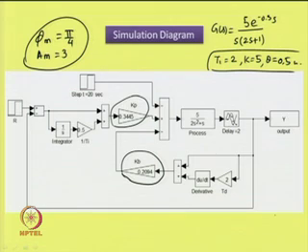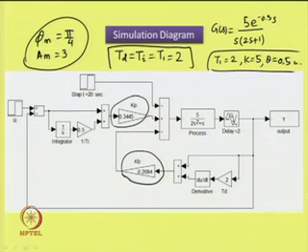So, it is not difficult to design the unknown parameters for the PIPD controllers using the phase and gain margin conditions. Now, as we know T D is equal to T I is equal to T 1, which is nothing but 2. So, those values are also shown over here. So, K P T I is equal to 2, therefore, 1 upon T I is equal to 0.5 shown over here. Now, T D is 2, T D is equal to T I is equal to T 1, therefore, T D is equal to 2.